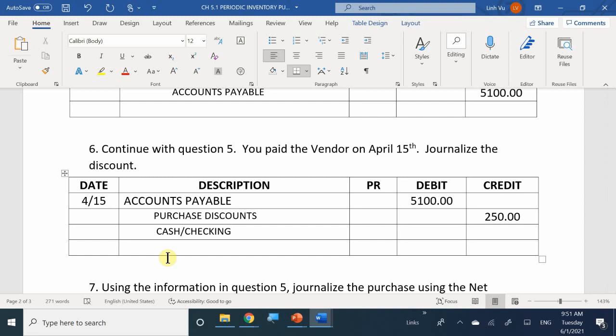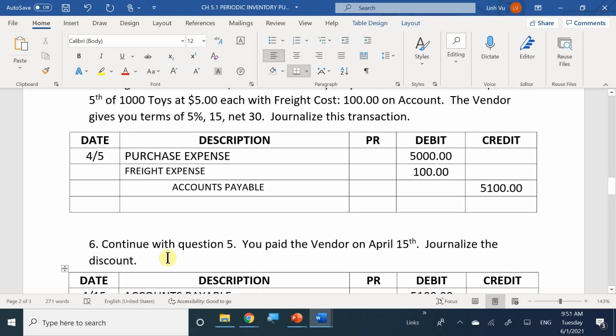But in this case, I owe this vendor, in the account, a grand total of 5,100. So if I'm paying this vendor, I have to include the freight that I have to pay. I can't pay them two separate checks saying here's for the items that I purchased and here's for the shipping.